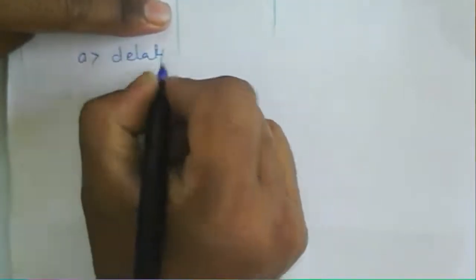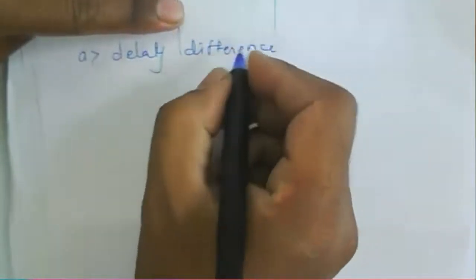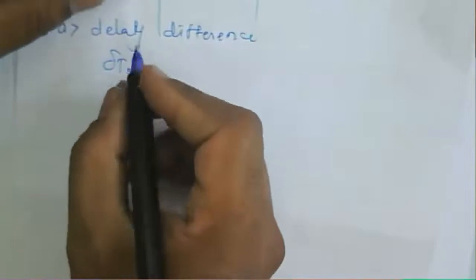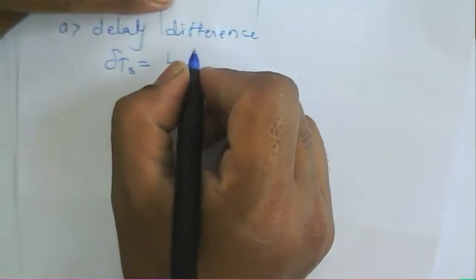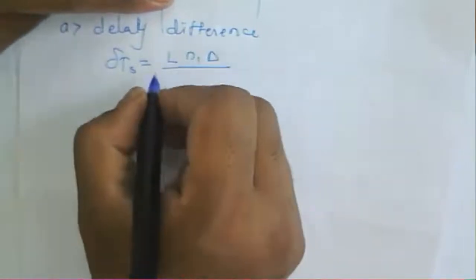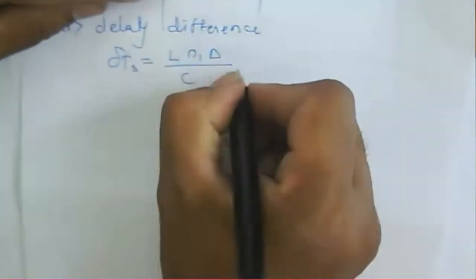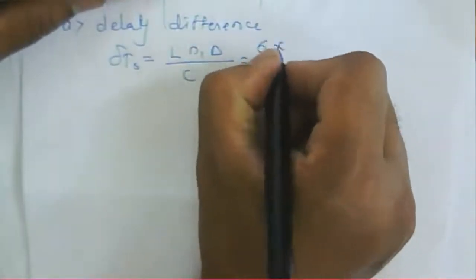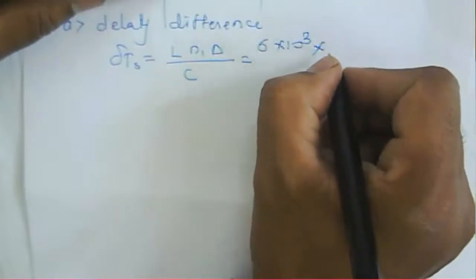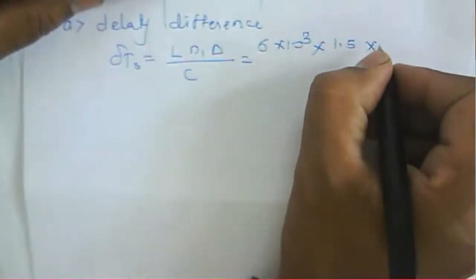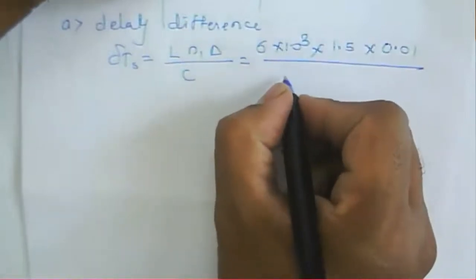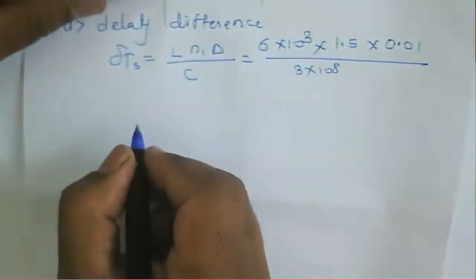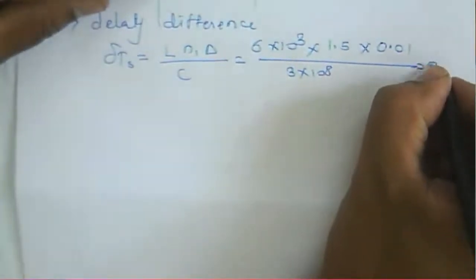So we need to know the delay difference, and the delay difference delta Ts is equal to the length of the fiber times the core refractive index and the differential, divided by c. If the length is 6 kilometer, the core refractive index is 1.5, and the difference is 1%, that is 0.01, divided by 3 into 10 power 8, then you will get an answer of about 300 nanosecond.